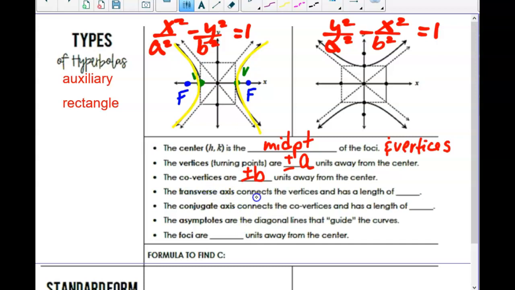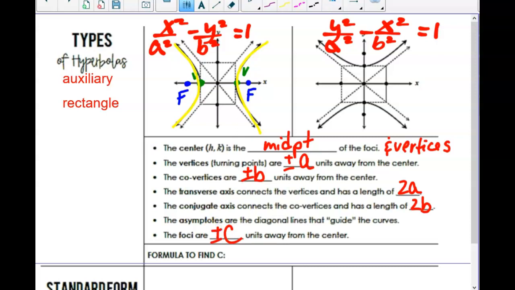The transverse axis, which connects the vertices, has a length of 2A, and the conjugate axis has a length of 2B. We're not going to spend a lot of time on that. The asymptotes are the diagonals that guide the curves. The foci are C plus or minus C units away from the center.